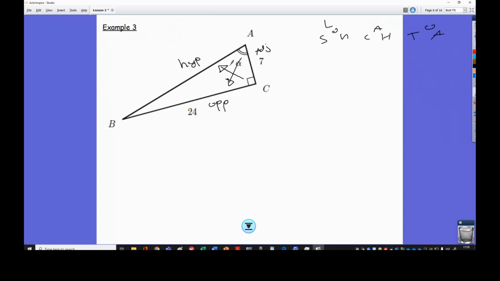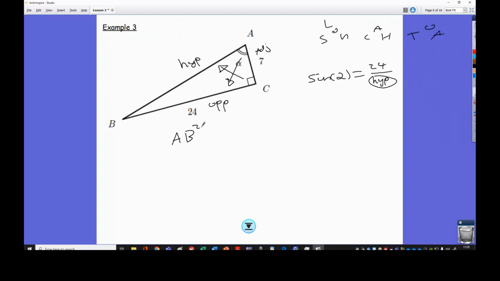Now, you should notice the problem here is I don't have the hypotenuse. So, if I worked out sine of alpha, I'd be saying, right, sine of alpha is the opposite, which is 24, divided by the hypotenuse AB, which I don't know. Well, how could we work out the hypotenuse? We've got a right angle triangle, got the two smaller sides. Should now remember that we need to use Pythagoras' theorem.